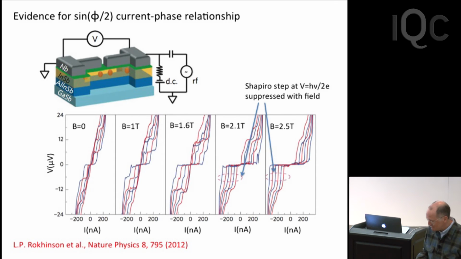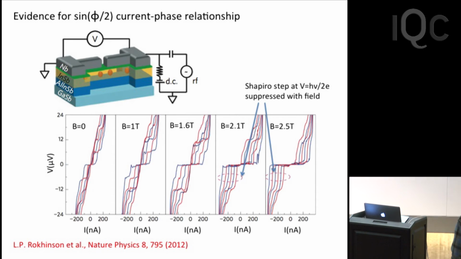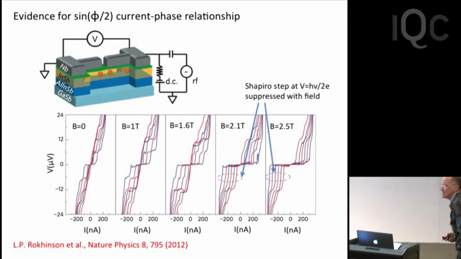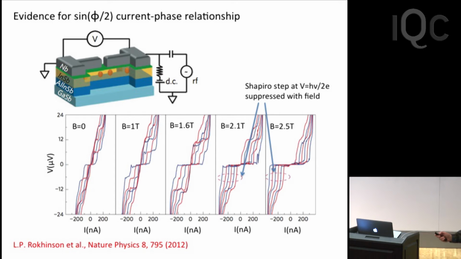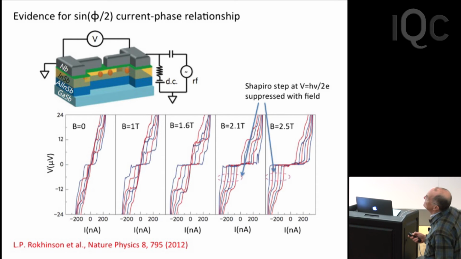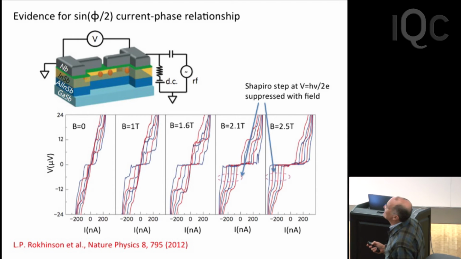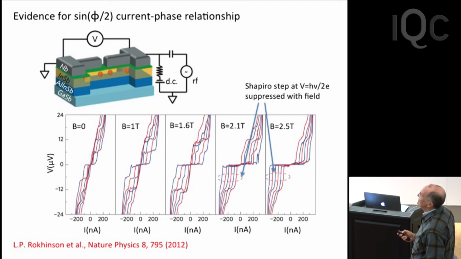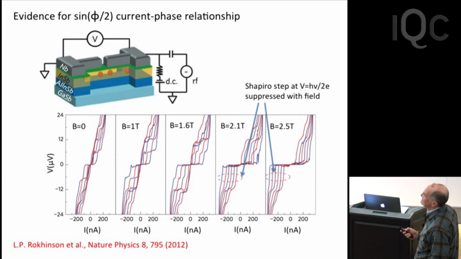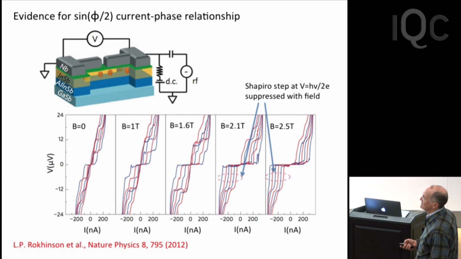There's also been some evidence for a sine phi over 2 current phase relationship. This is some work done with indium antimonide in a weak link geometry. They shone microwaves on this. It makes a Josephson weak link.